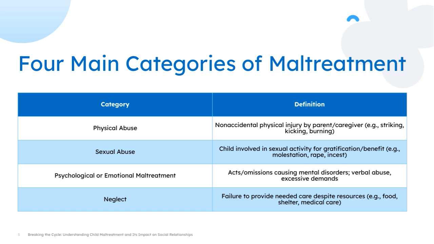Psychological or emotional maltreatment covers actions or neglect that lead to mental harm, including verbal abuse or placing excessive demands on the child. Finally, neglect is defined as a caregiver's failure to provide essential care like food, shelter, or medical attention, despite having the resources to do so.